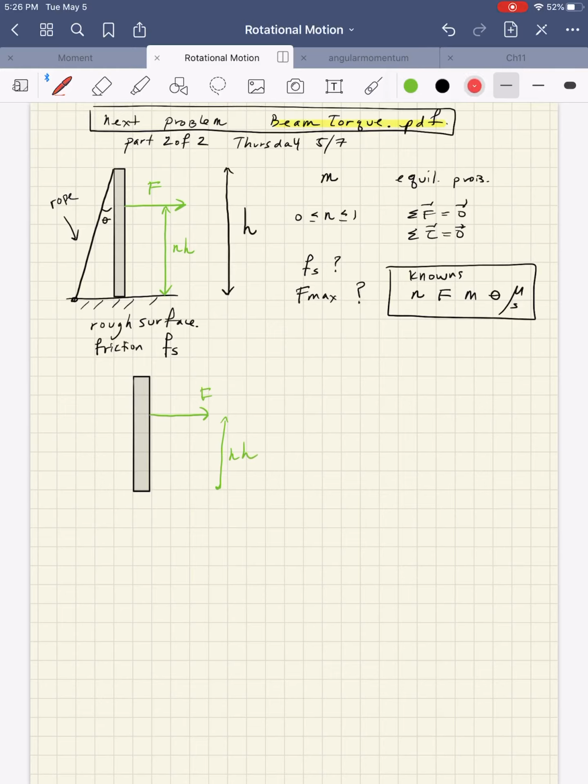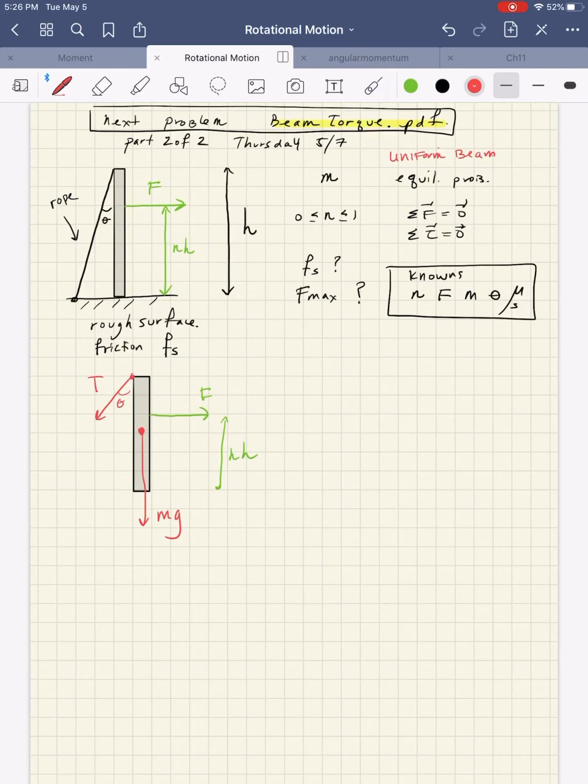But we have other forces too. We have the force of tension acting here up at the top. This is a uniform beam, and so the center of mass is in the geometric center. And that means that gravity, mg, is acting there.